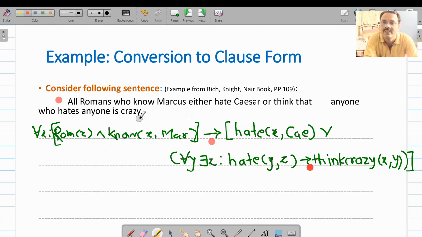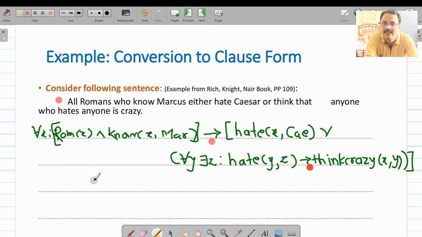So you are going to write not Roman x and not know x Marcus in the bracket, or the right hand side as it is. To remove this implication: not of the left hand side or the right hand side as it is. So I will remove both the implications in one step.